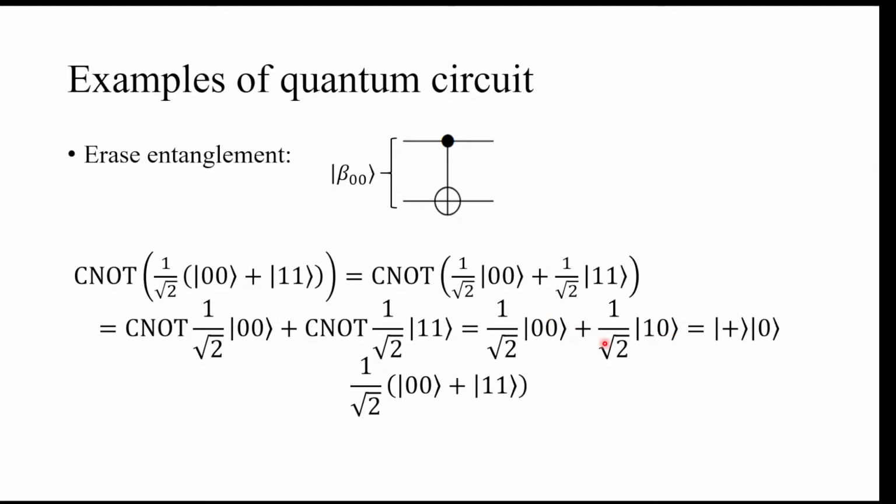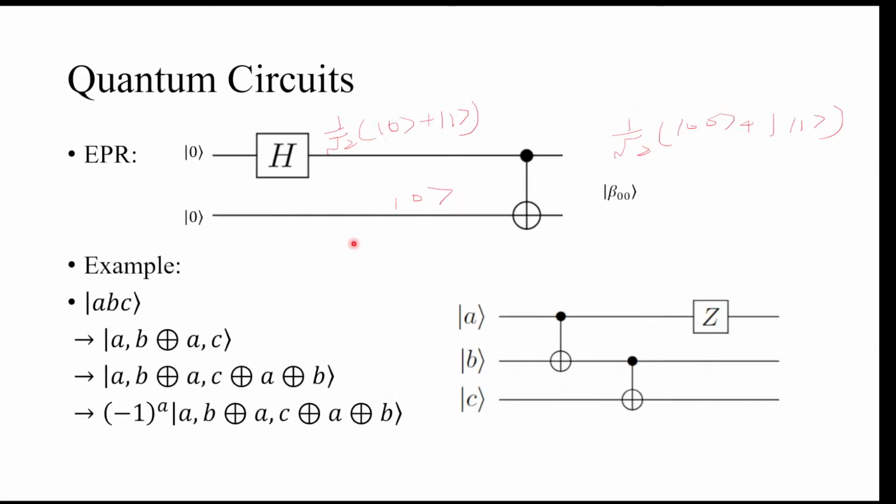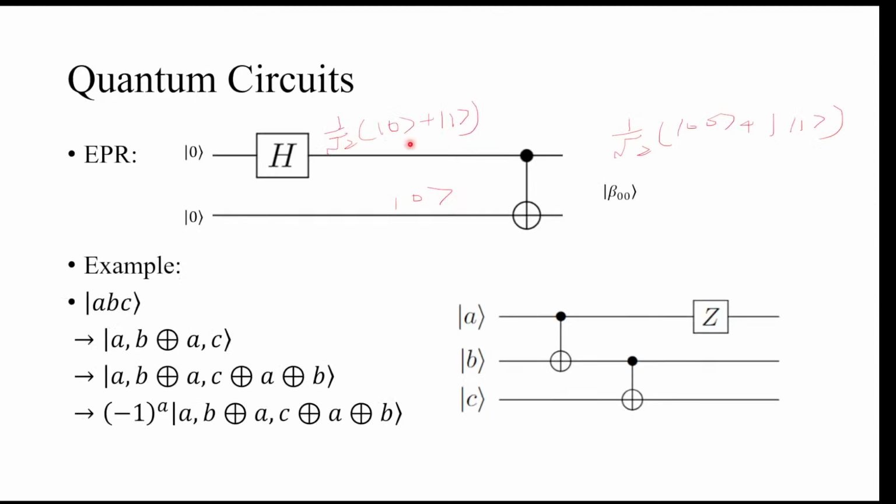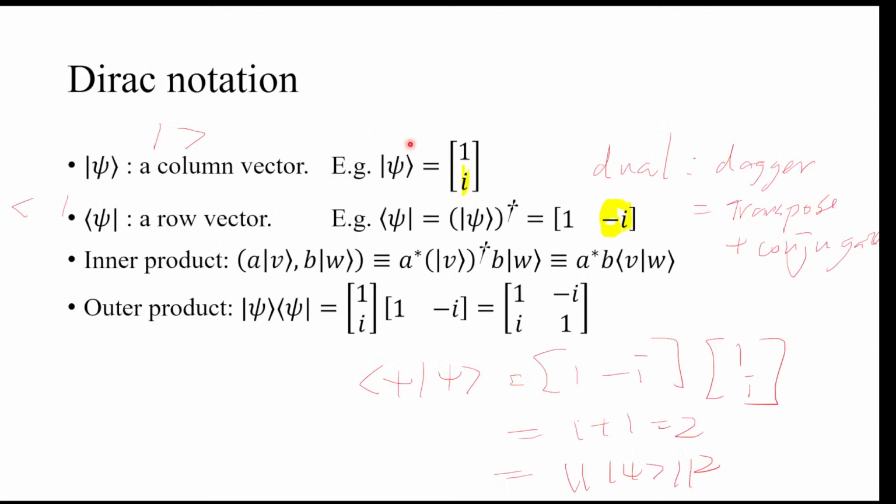So you have 0, 0 and 1, 0, with a plus, and the second qubit 0. So it's exactly this state here: 1 over square root 2, 0 plus 1, on the first qubit.